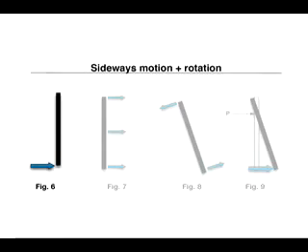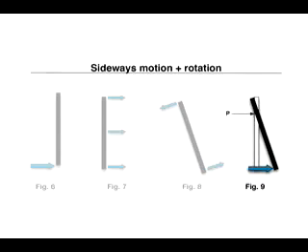The resulting motion can be decomposed in two parts. First, a sideways bodily motion. Secondly, a moment of rotation about the center of gravity. These two results, when combined, will cause a change of position of the body after the force has been applied for a period of time.